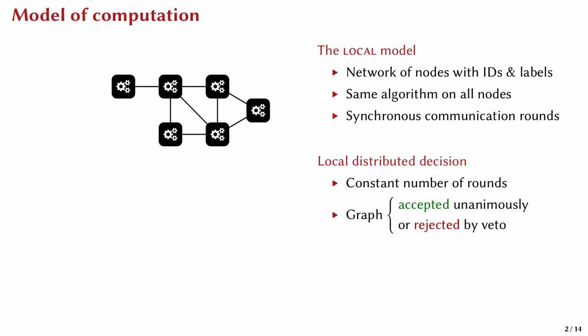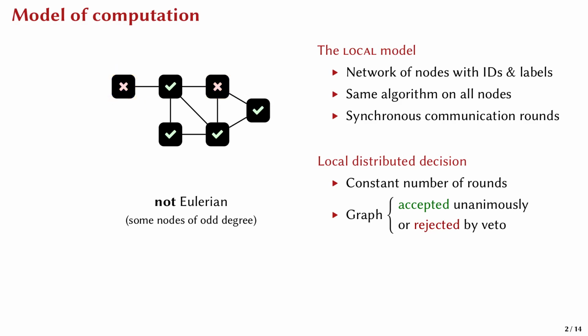If all the nodes say yes, the graph is accepted, but if at least one node says no, it is rejected. For example, this makes it easy to check if the graph is Eulerian. Each node simply says yes if and only if it has an even number of neighbors. So this particular graph is rejected because there are two nodes with odd degree that say no.